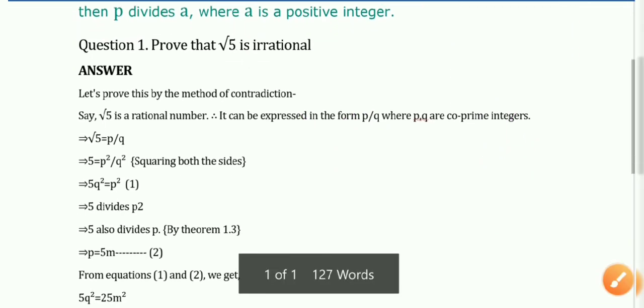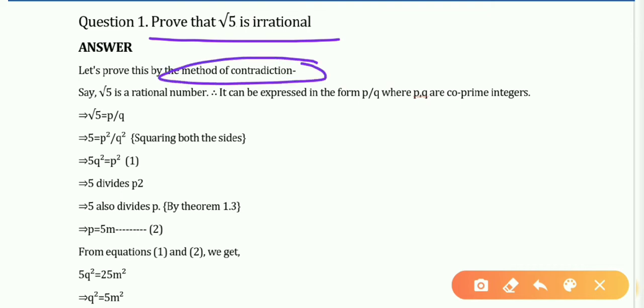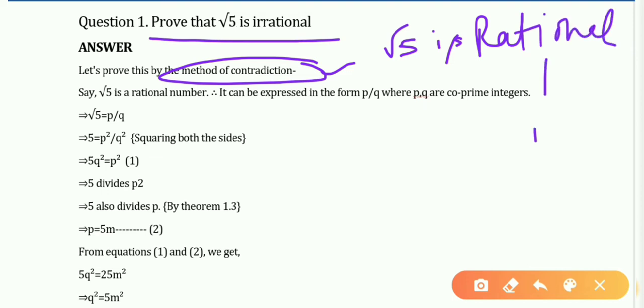Now come to the proof that root 5 is irrational. Students, for proving this, we have to use the method of contradiction. If I am taking the method of contradiction, it means I assume root 5 is a rational number. We know that rational numbers are in the form of p by q. It means root 5 is equal to p by q.